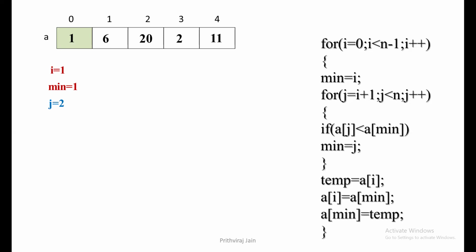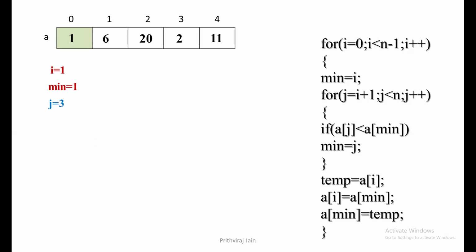Then it checks the condition: a of j is compared with a of min. So a of 2 is compared with a of 1. That is, 20 is less than a of 1, that is 6. So in this case, the condition is false. So the min value won't get changed.